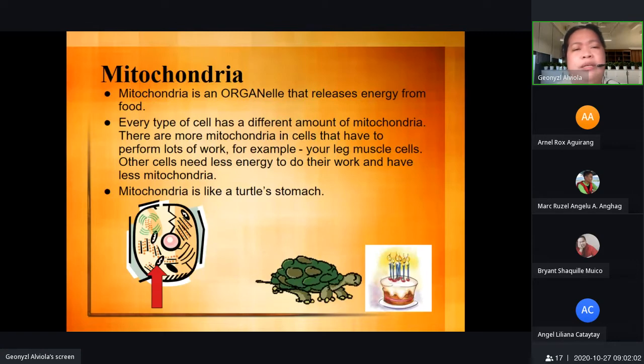The number of mitochondria in the cell depends on the type of organism and also the type of organ, because some organs have a large number of mitochondria per cell. And mitochondria is also a good source of DNA.